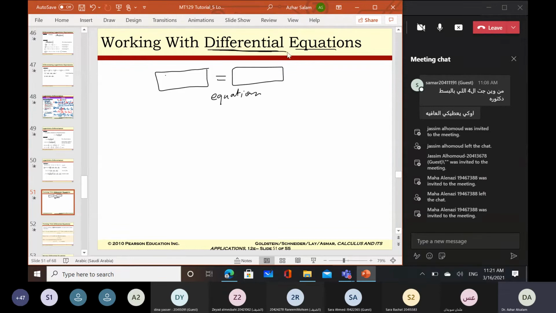I call it a differential equation if I have a derivative inside it, an equation that contains a derivative. So I could have y dash, or I could have d by dx inside the equation. This means a differential equation. Differential equations are equations that contain derivatives. This is the definition.